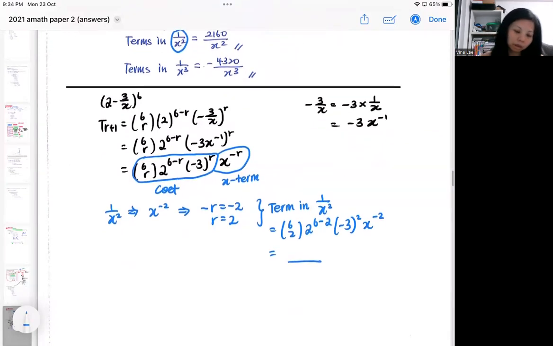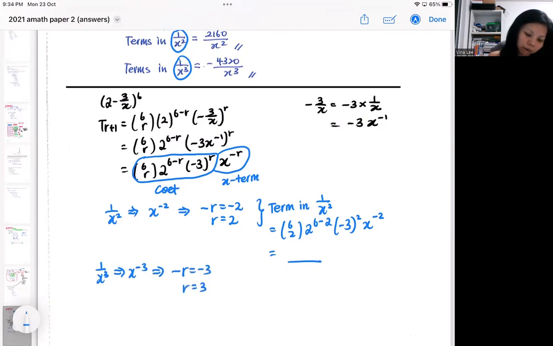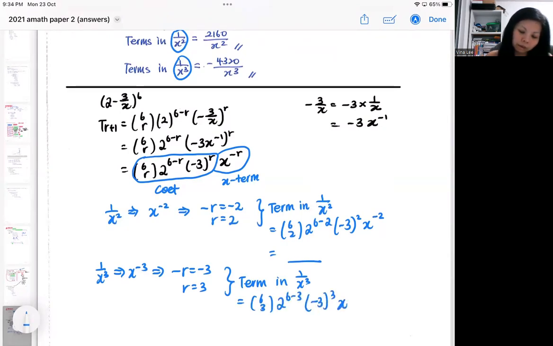Similarly, if you want 1 over x cubed, you must realize that it is x to the power minus 3. So the power should be minus 3, r is equal to 3. And then the term in 1 over x cubed will be 6C3, 2 to the power 6 minus 3, minus 3 cubed, x to the power minus 3.